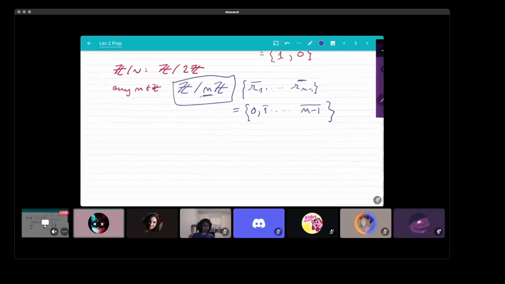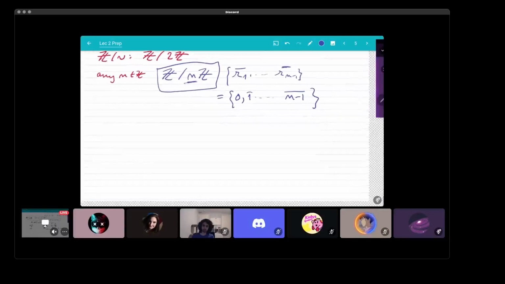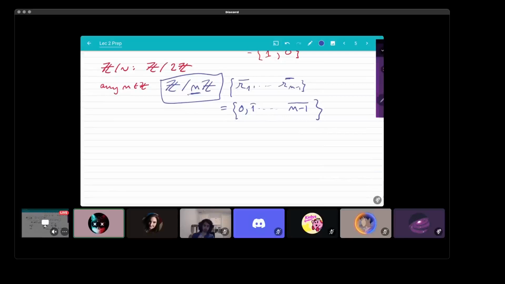And in this case, it is possible to define a law on this set of equivalence classes so that it forms a group.